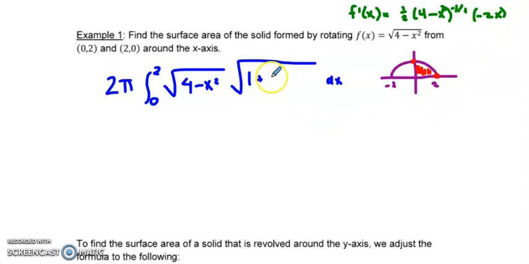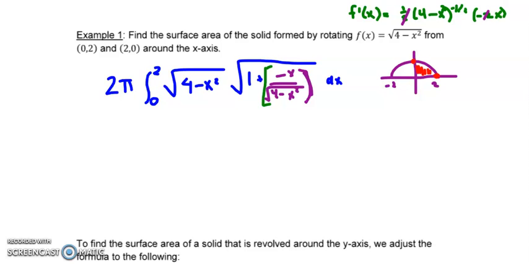And when I clean that all up, first of all, this 1/2 and this 2 go away. So I have -x divided by the square root of 4 minus x squared.